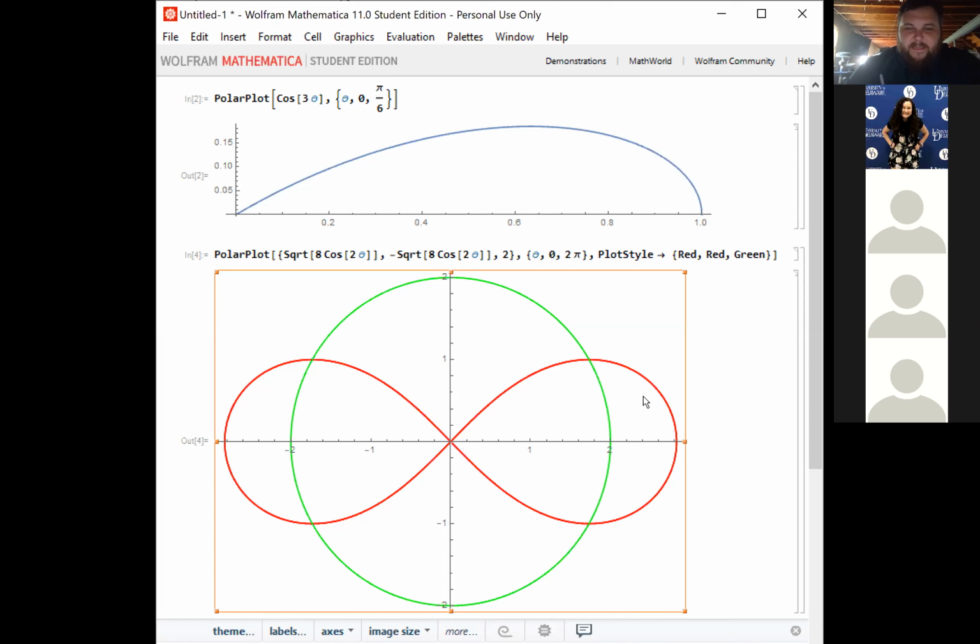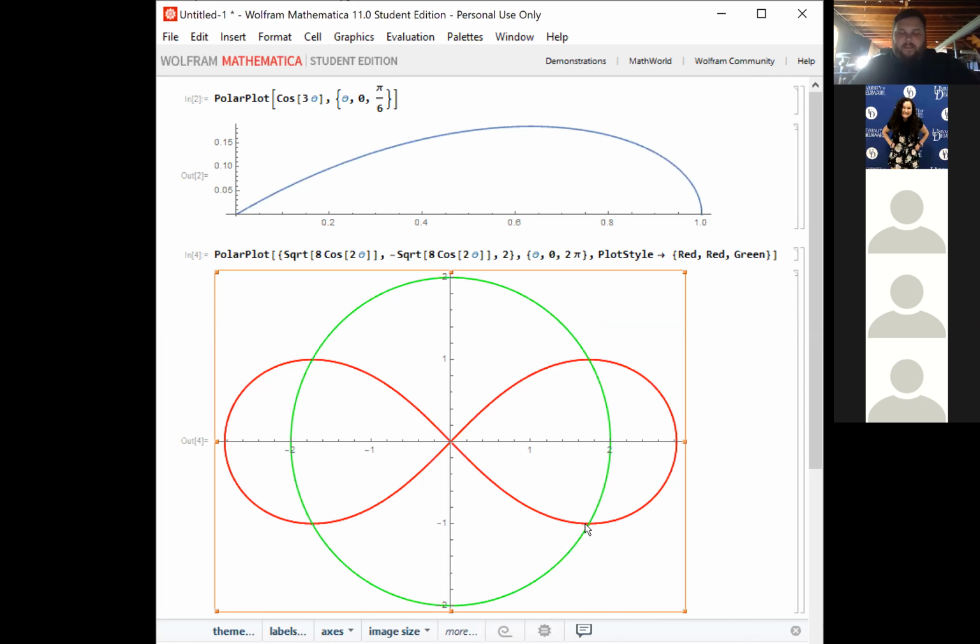But we really just need to integrate one of them and then multiply by 2. Now, in this case, these curves cross at 2 points. Well, technically 4, but we've got these 2 points here.